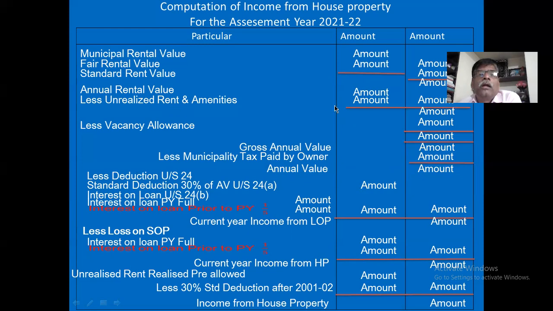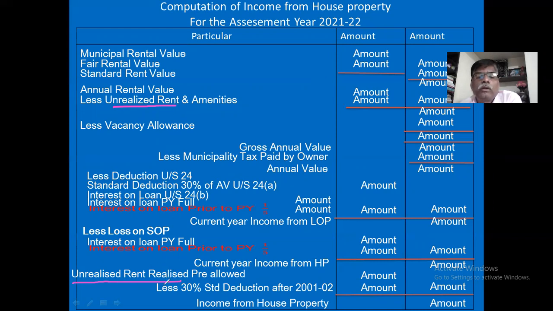And you remember regarding the unrealized rent: this is unrealized rent of the current year, not realized. And this is unrealized rent realized, which means it was not realized in the year prior to your previous year, but realized in the previous year.